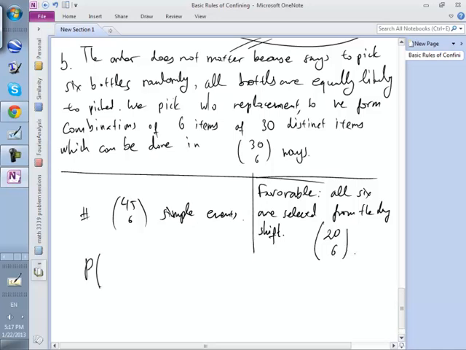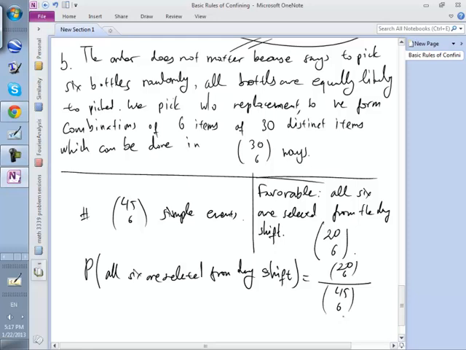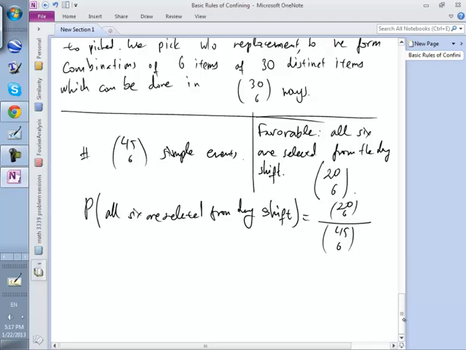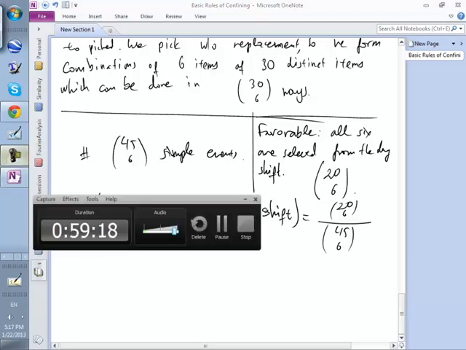So the probability that all 6 are selected from the day shift is 20 choose 6 divided by 45 choose 6. You need not do any further calculation. That's the result I want to see. Don't calculate this number because it's going to be useless. I'm not going to use a calculator. I don't know how.